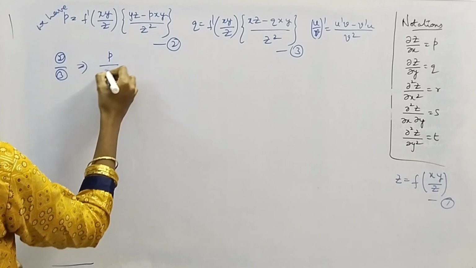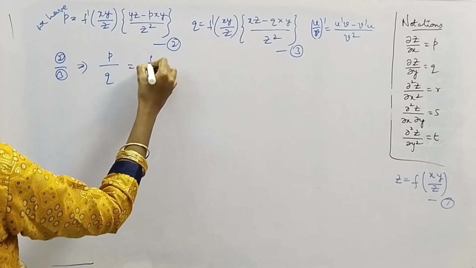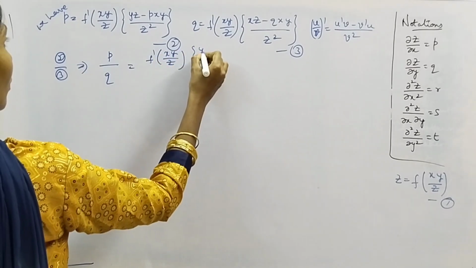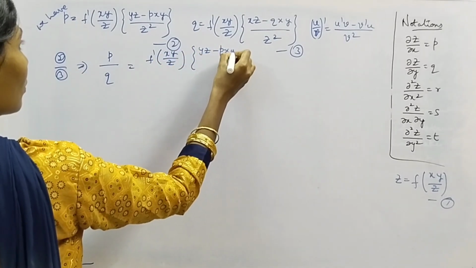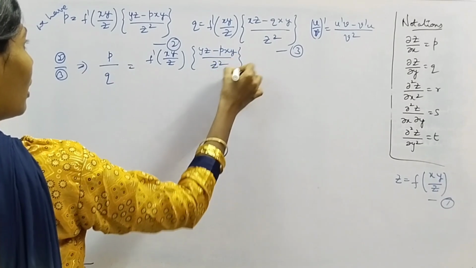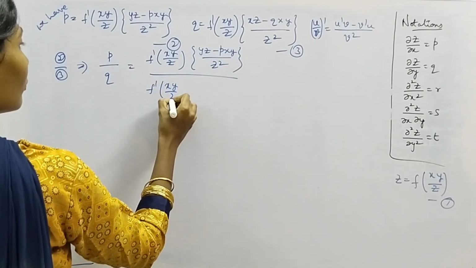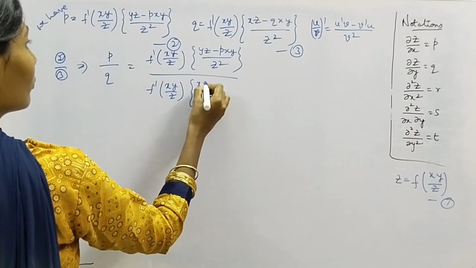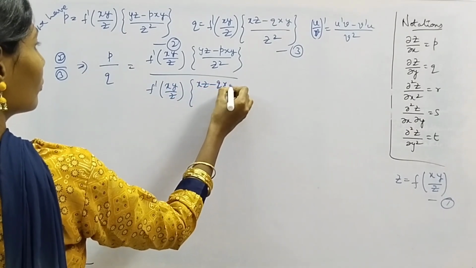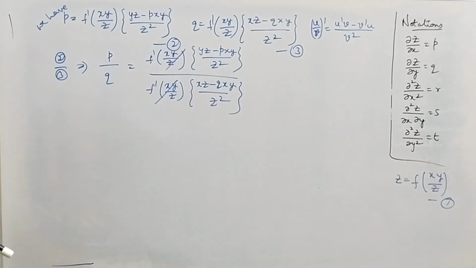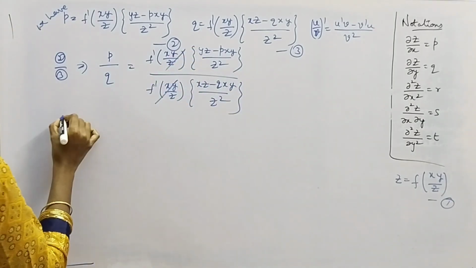LHS of 2 by LHS of 3, RHS of 2 by RHS of 3, where f dash of xy by z gets cancelled.